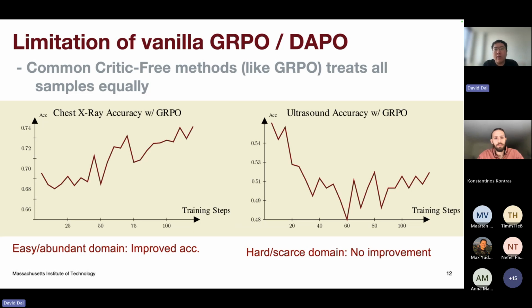As a result, the model tends to focus too much on the easy and abundant domains, while completely ignoring the hard and scarce domains. You can see here, if we train the model with our CLIMB dataset, the model exhibits improved performance on easy and abundant domains like trajectory, but no improvements on hard and scarce domains like ultrasound.